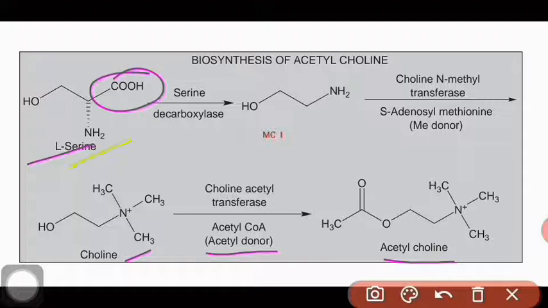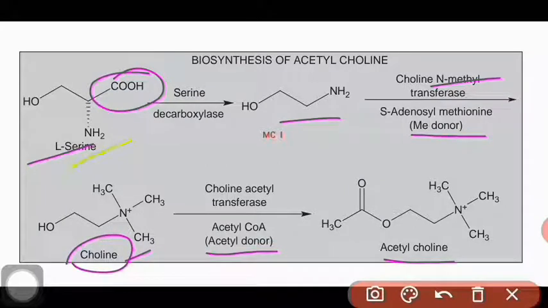First, decarboxylation gives hydroxyethylamine. Then N-methyl transferase is involved in the transfer of a methyl group from S-adenosyl methionine to produce choline.